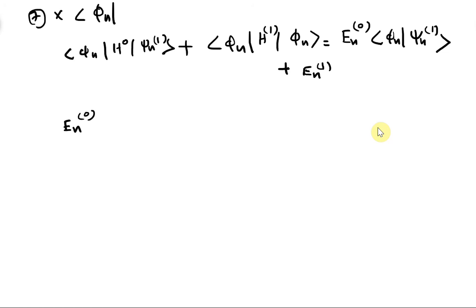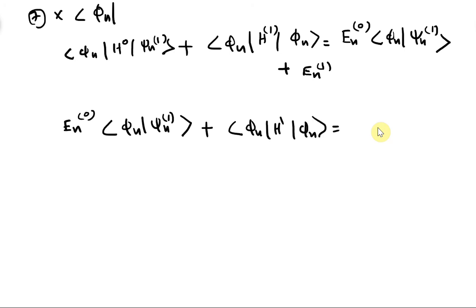Yeah, En0, and you have phi n psi n1, plus this quantity, that is phi n h dash phi n, is equal to En0 phi n psi n1 on both sides.